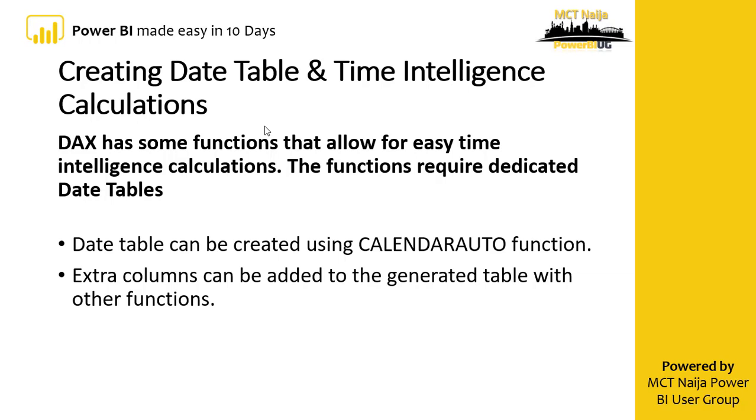That table is going to have a list of dates, just like a calendar. We can add columns such as month, year, quarter on that table, so that we can easily create our time intelligence formulas. A date table can be created using a DAX function called CALENDARAUTO.